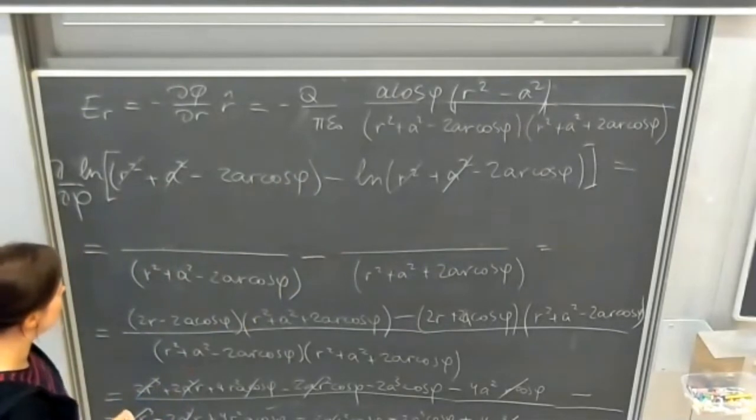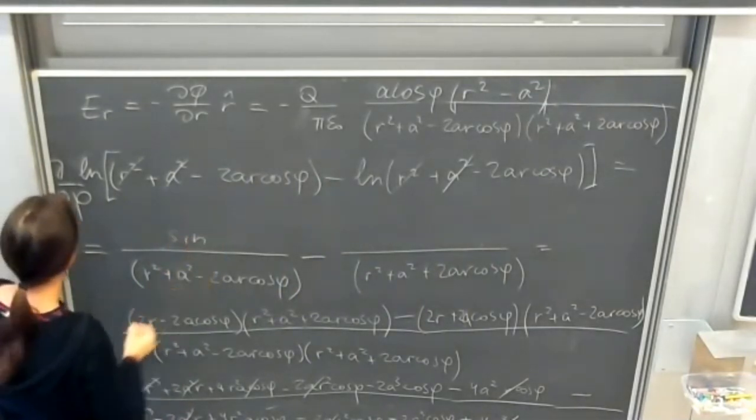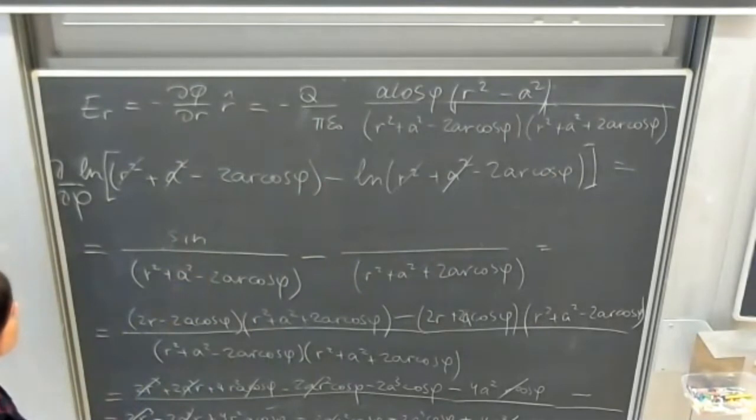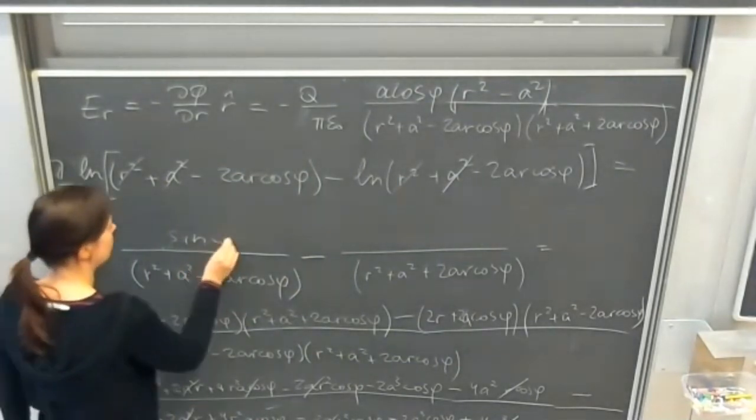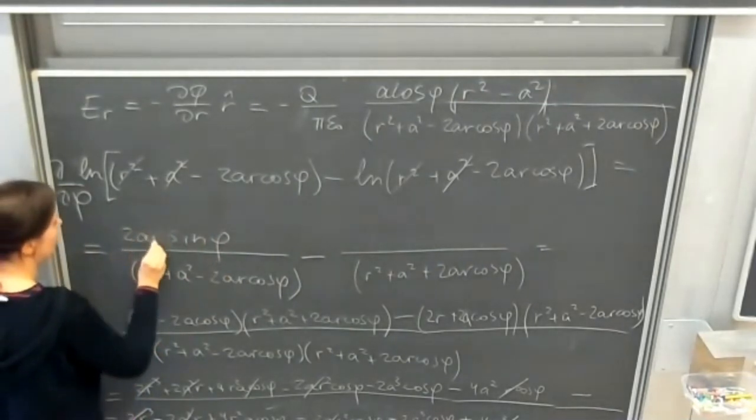Minus cosine will be minus sine phi, and the rest is the same, 2r.